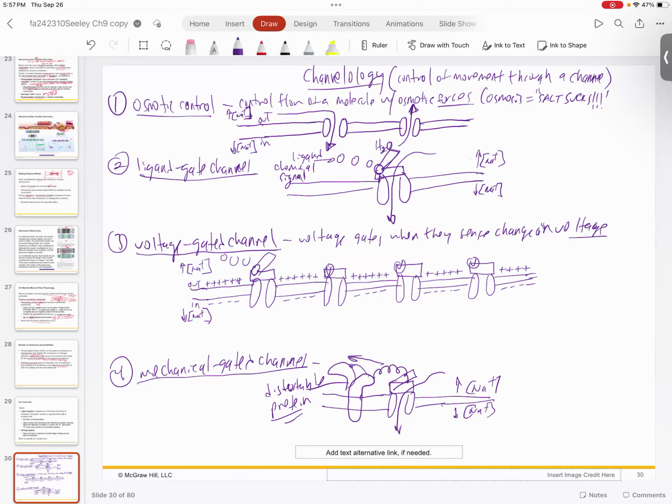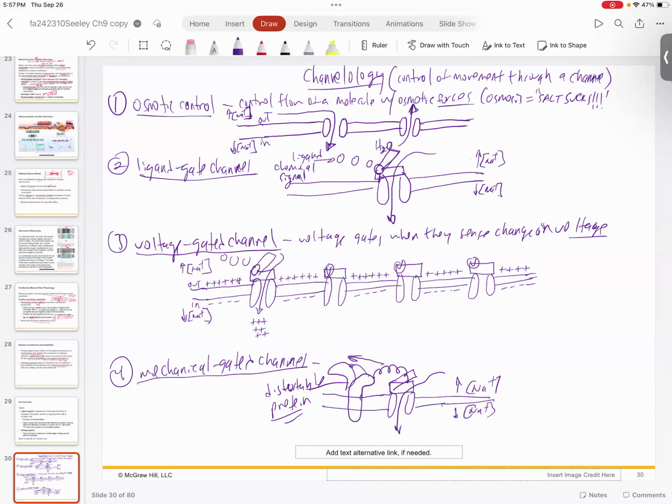It's going to basically rush into the cell. But remember, in this particular case, it's not just sodium that's rushing into the cell. What's rushing into the cell? Positive charge. So all that positive charge that was on the outside is now rushing into the inside.